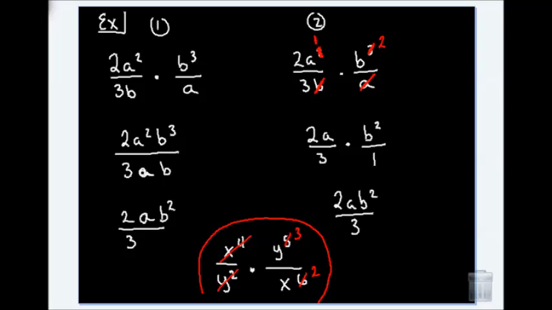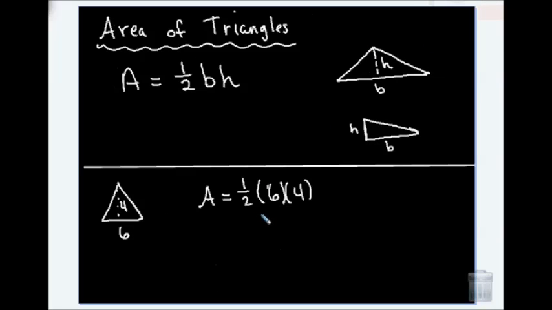Well, I can do this 2 ways. I can multiply these 2 numbers together and then multiply it by half. Or I can multiply half by 6 and then multiply that by 4. Because multiplication order doesn't matter. Any preferences? Can you divide it by 2? Or you can divide it by 2.